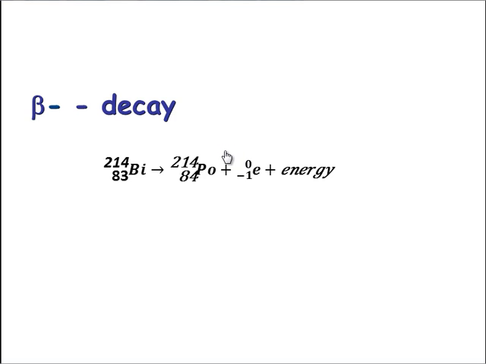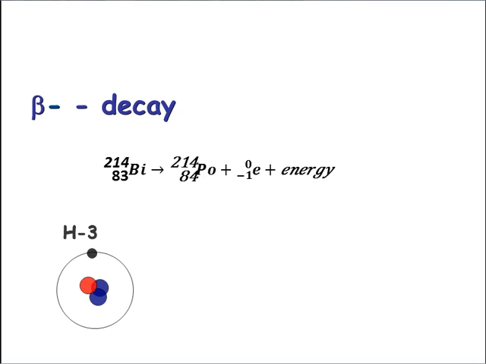So there's a change in charge, no change in mass. Where does the extra charge come from? Effectively what's happening is one of the neutrons is changing into a proton in order for the atom to attempt to become more stable. So this usually occurs in nuclei where there's an imbalance of neutrons and protons.